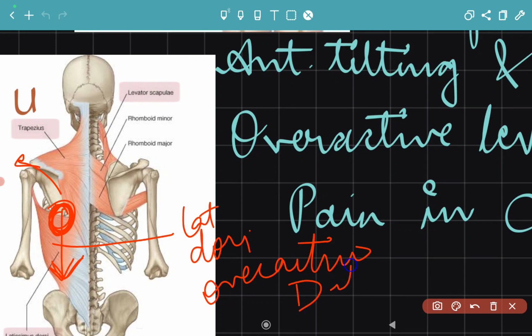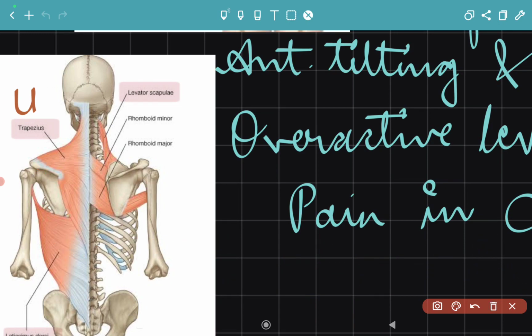As the alignment of fibers is this way, it will cause depression as well as it will pull this bone in this manner, so that the upper part of scapula will tilt forwards, causing anterior tilting. So anterior tilting and depression of scapula will occur because of this overactive latissimus dorsi, and which is because of the weak or inhibited opposite side gluteus maximus.